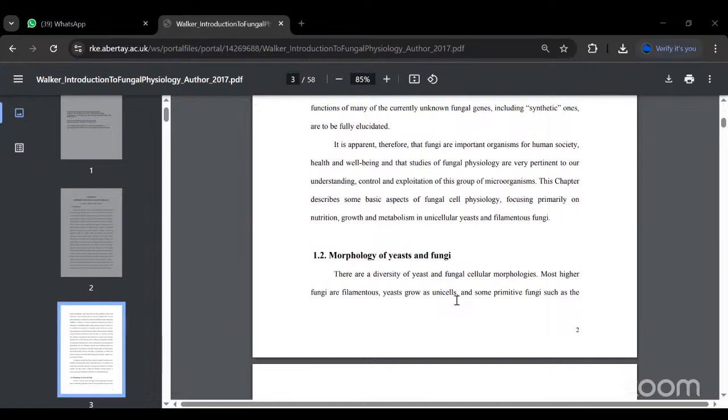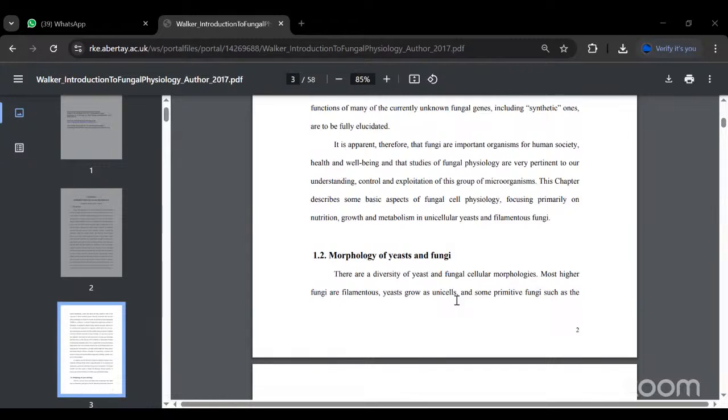Morphology of yeast and fungi. There is a diversity of yeast and fungal cellular morphologies. Most higher fungi are filamentous.